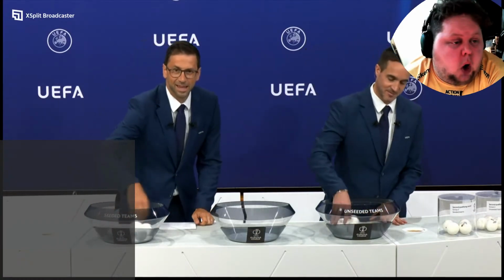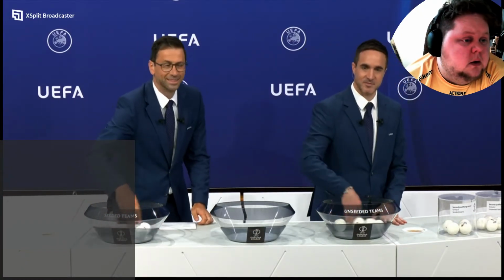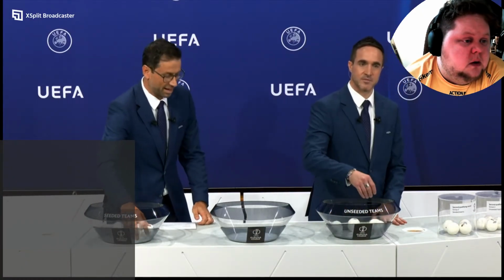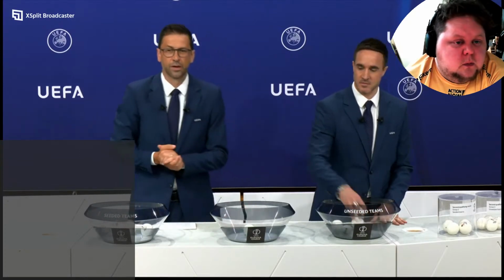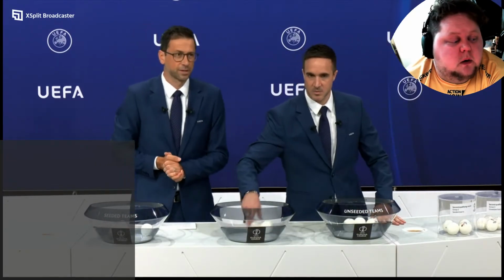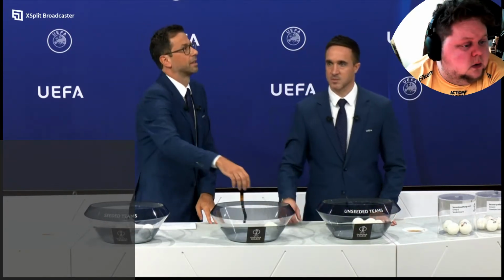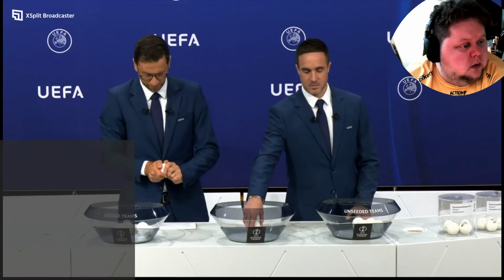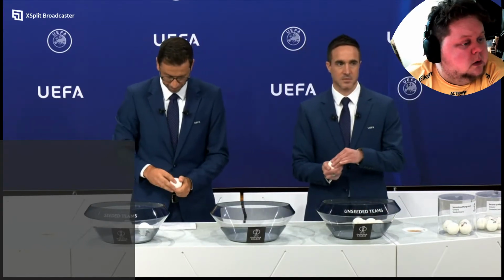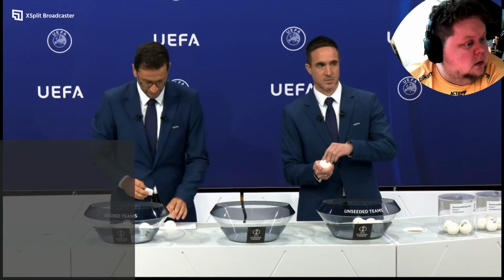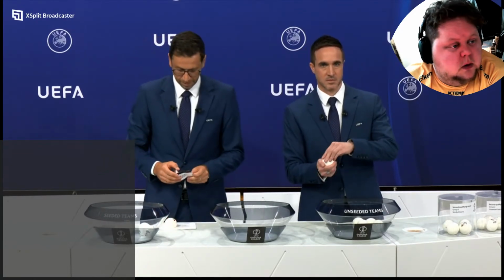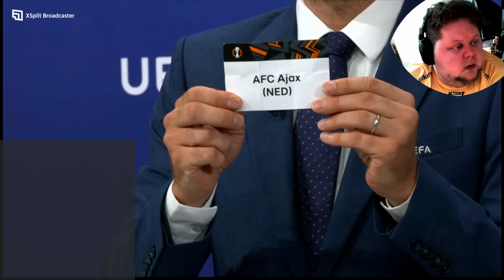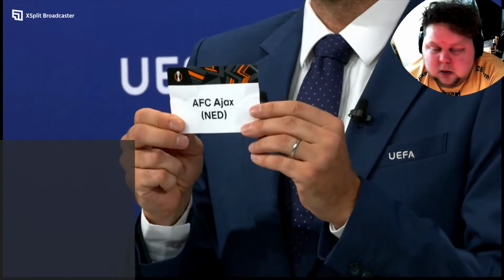Yes. Everybody's waiting, so let's directly find out the pairings of the second qualifying round. And the first team drawn will be the team who will play the first leg at home. So who will open up this draw will be AFC Ajax from the Netherlands, playing the first leg at home.